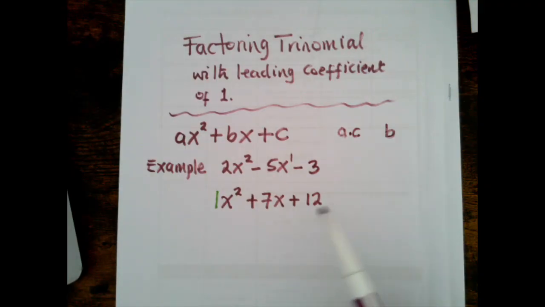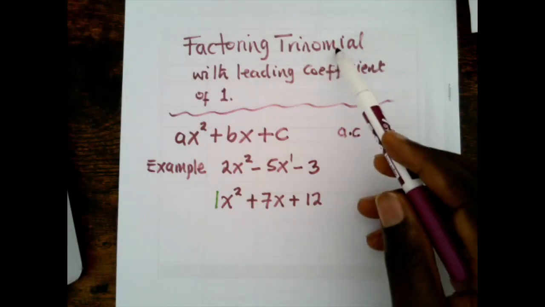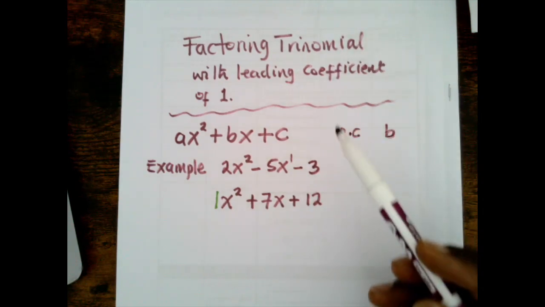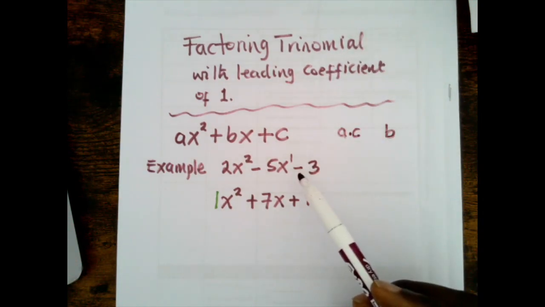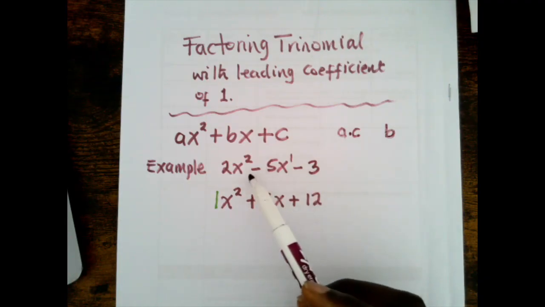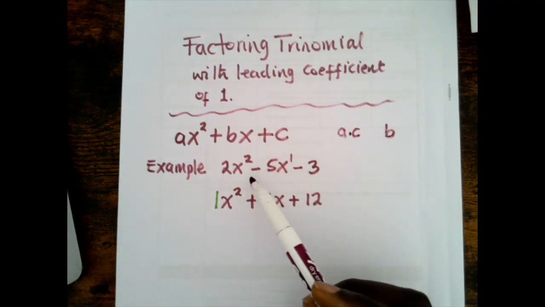If you are given a trinomial, what is a trinomial? A trinomial is a polynomial with 3 terms. A term is any number or expression that is separated by an addition or plus sign.